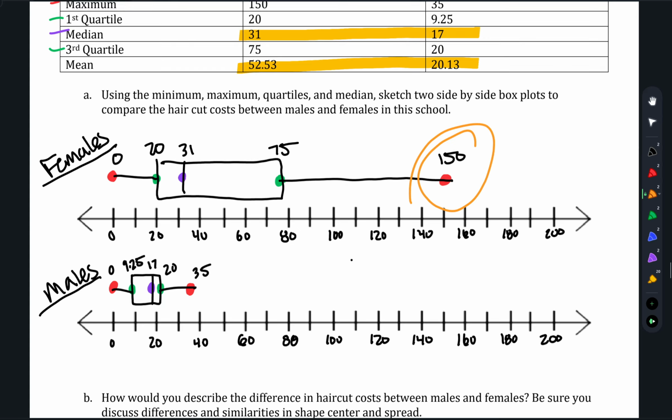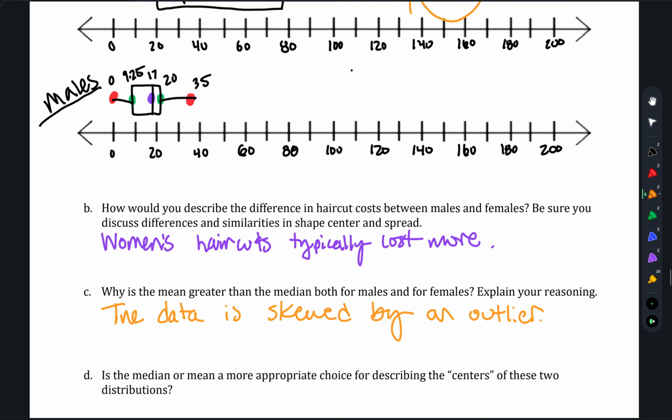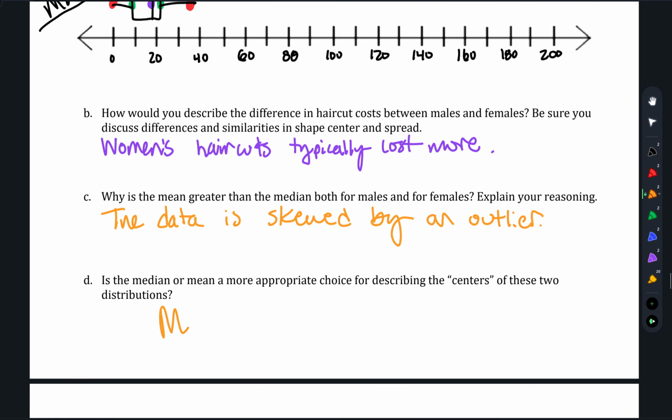Probably not. I would say if your numbers are this far off, 31 to 52, that's probably a sign that your mean is not super accurate. So we're going to go with the medians here. Okay. Any questions?